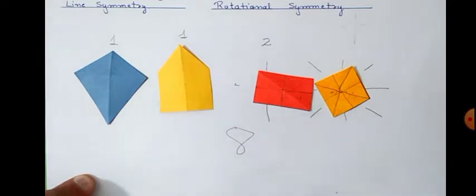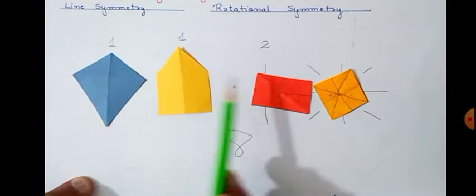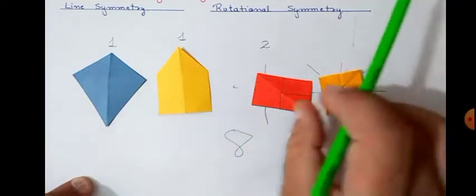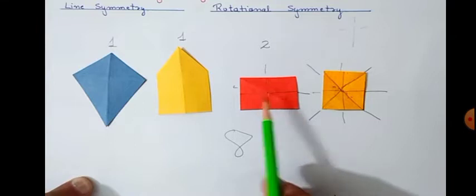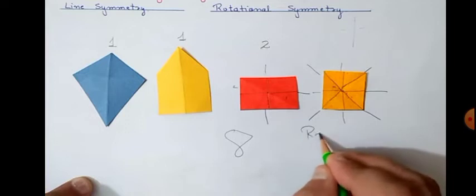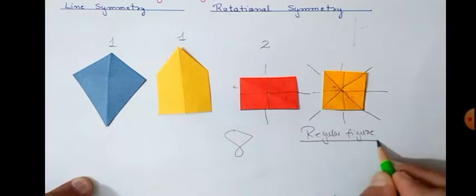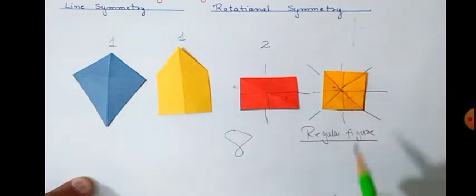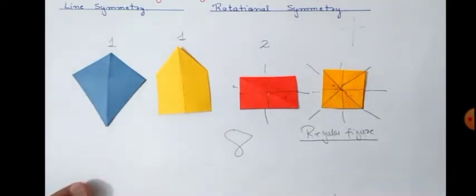So now, from where we cut so that it divides into two parts? So can we get? Okay. So more than one line of symmetry: all regular figures or regular polygons have more than one.